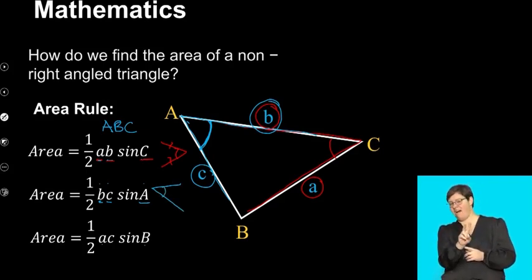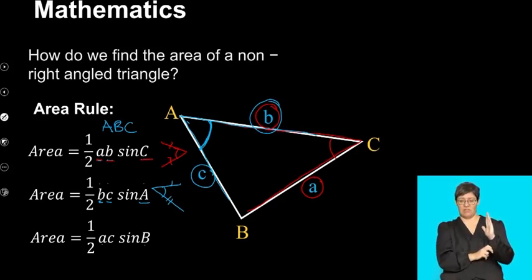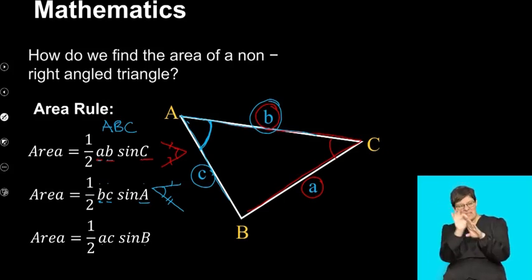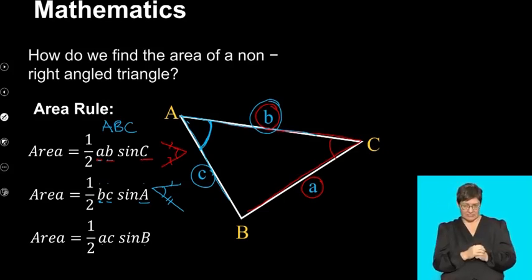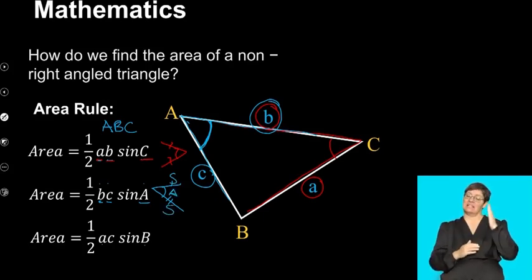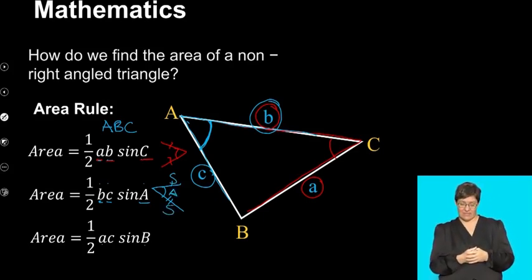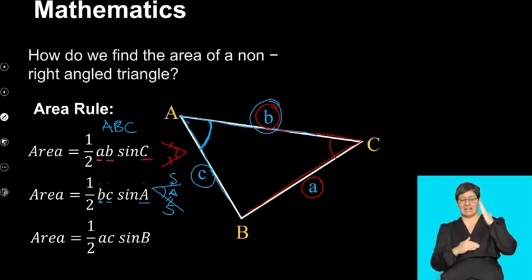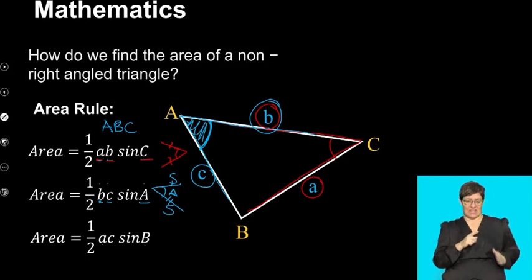So you'll notice when we're using the area rule, we need to be given the information in a specific way. We need to be given the side, an angle, and a side, and the angle in between has to be the included angle. Let's summarize that quickly.